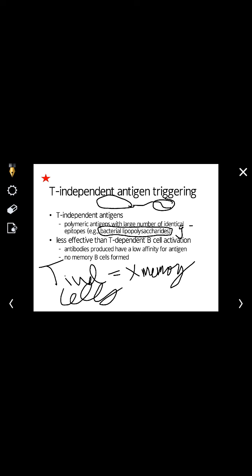In T dependent, you do get memory cells being formed. And in T independent, you have antibodies produced that have a low affinity for the antigen. They're less specific.